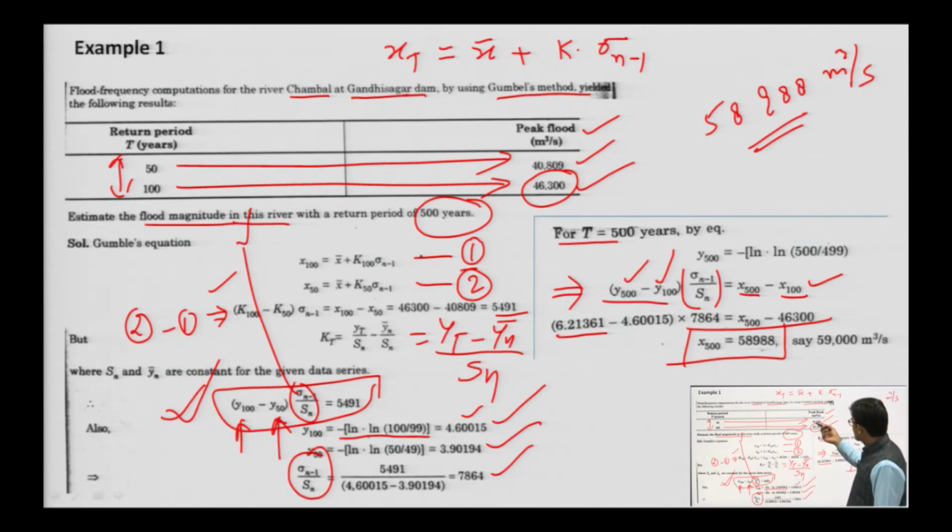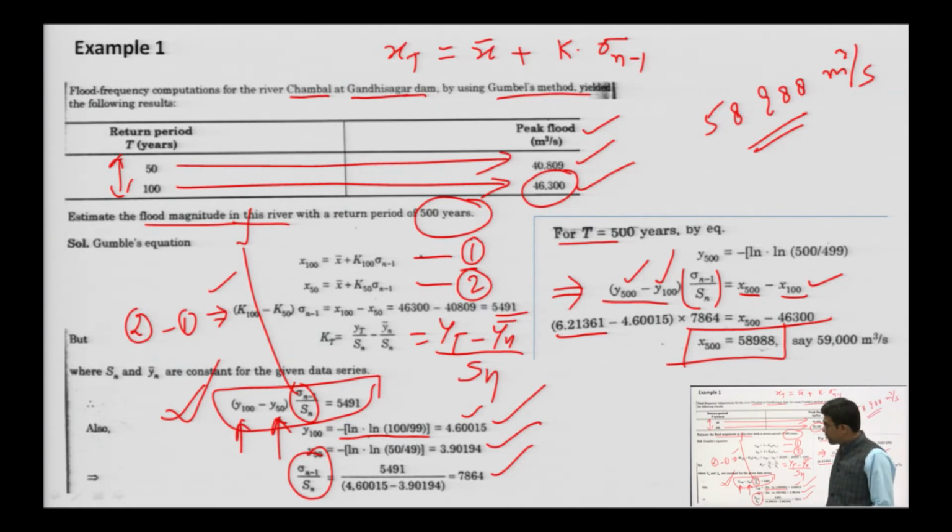Because we can have the data of 25 years, 50 years, but to have the data for 500 years or 1000 years, how will it be possible? It is too difficult. So, that data can be generated with the help of Gumbel's distribution method.